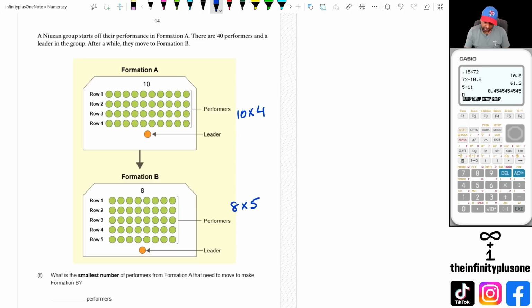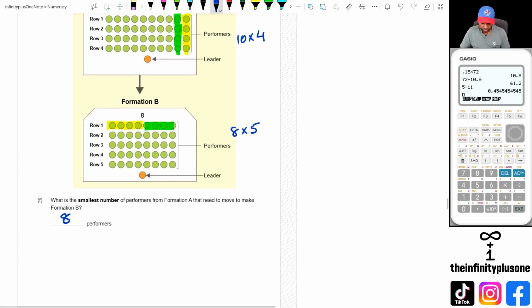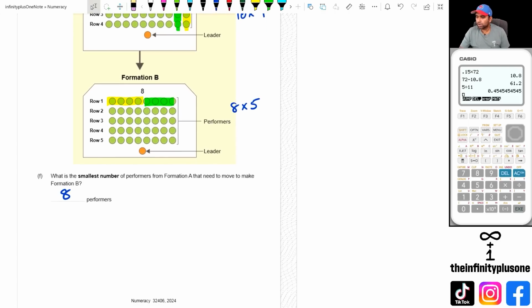But if you think about it, these 8 people here, they just move to the back. So let me show you again. If we take these 4, they go here, and then we take these 4, they go here. So that's going to be the smallest number of performers. So that's going to be 8 students right there. And that's it. We're done for question 4.